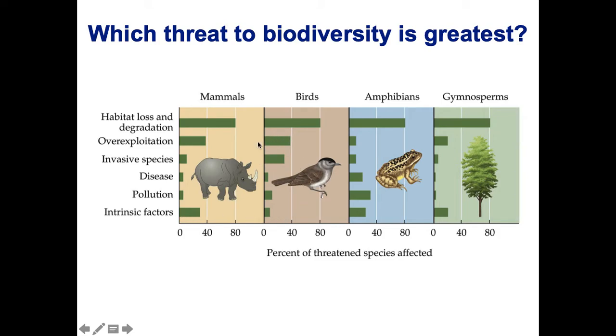Birds, overexploitation, and invasive species are the second and third largest. For amphibians, you actually get some different things like pollution. Disease is a really big problem for amphibians, and we'll talk about that. And then for gymnosperms, you can see overexploitation and intrinsic factors. Interestingly, they're pretty similar to mammals.